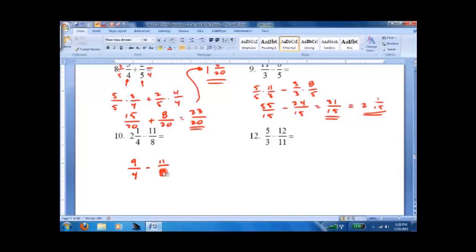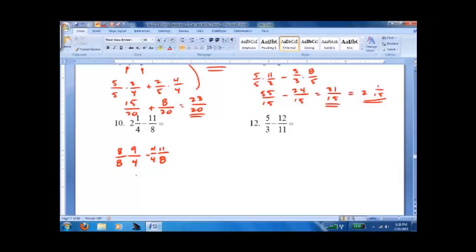Now this one we can actually cheat a little bit. Since 4 goes into 8, we could just do that, but I'm not going to. I'm just going to multiply by 4 over 4 on this side and 8 over 8 on this side. And it works every time, and I don't have to think too much about it. 72 over 32 minus 44 over 32 equals 28 over 32.